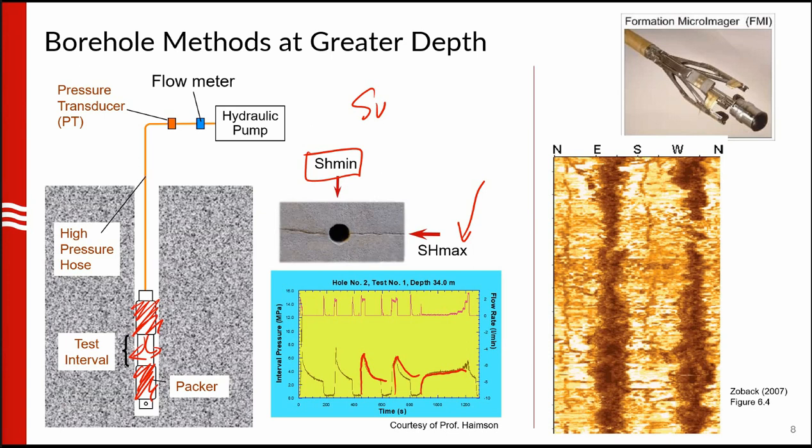And what you see on the bottom right is an unwrapped image of a borehole recovered by these tools. What you can see here are these bands of dark regions, and maybe even these vertical hairline cracks, that describe what we call wellbore failures.